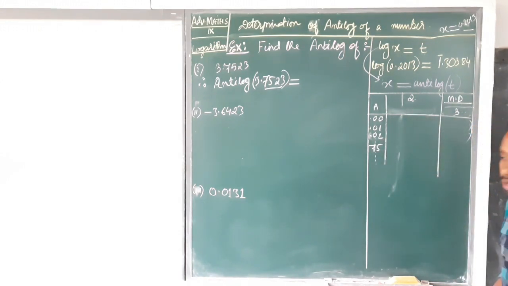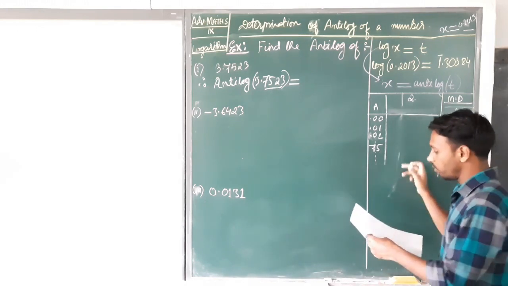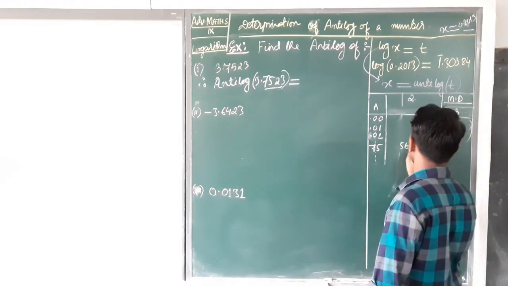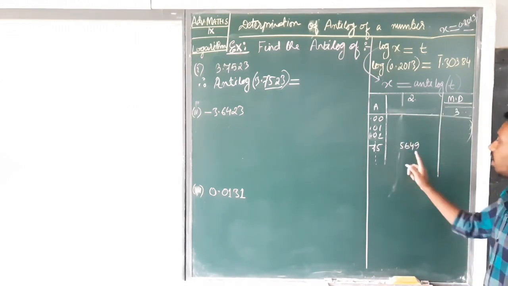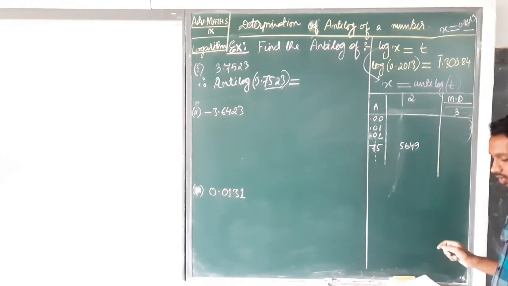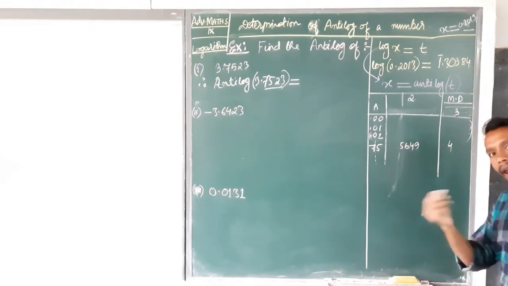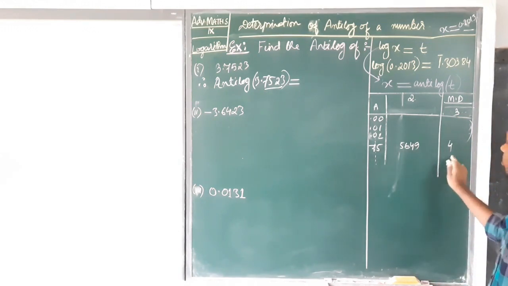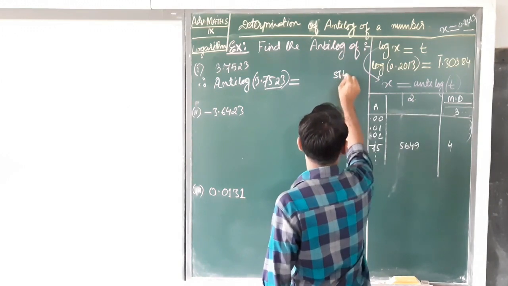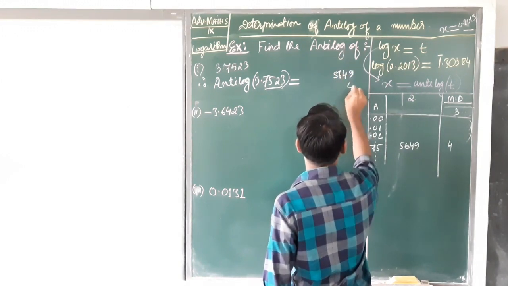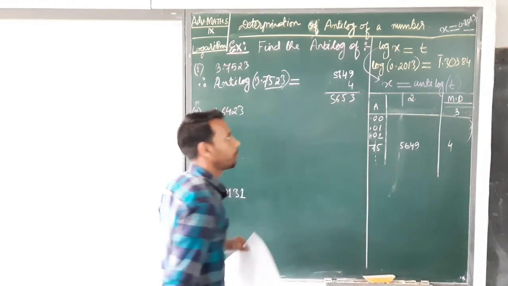What are the values? Okay, we check. Straight to row 75 and column 2, we have value 5, 6, 4, 9. If you check the antilog table, 4 digits. Straight to mean difference 3, the value is 4. So the way we add in log table, the same way we do here also. 5, 6, 4, 9 plus 4, you have 5, 6, 5, 3.